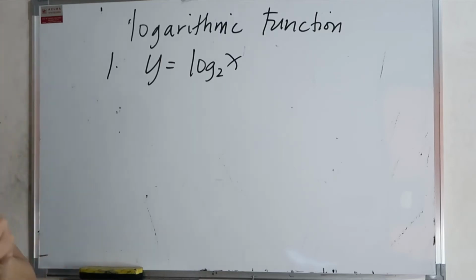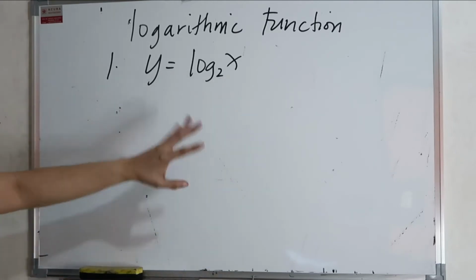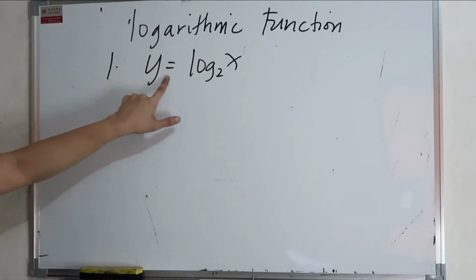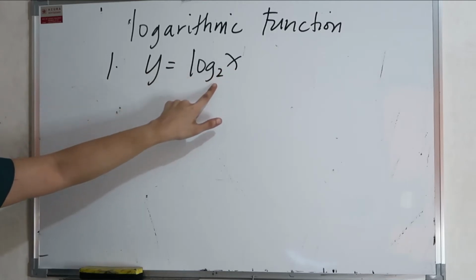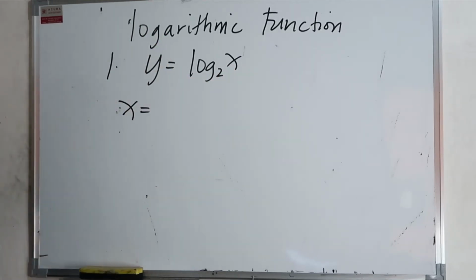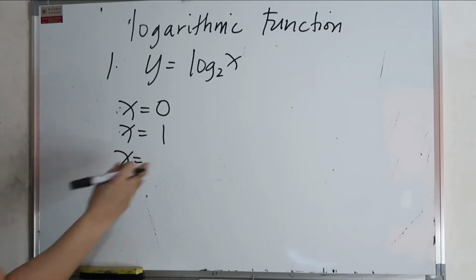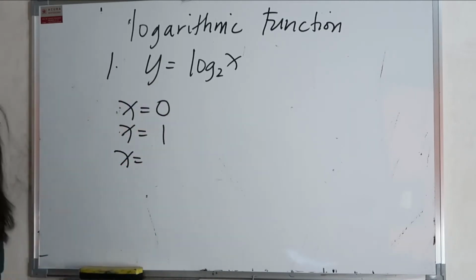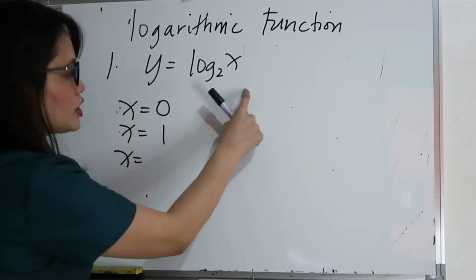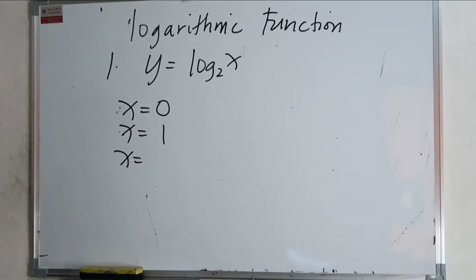The first one is 0, the second one is 1, and the third is whatever the given base is. In this particular example, y equals log x with a base 2, what's the base?